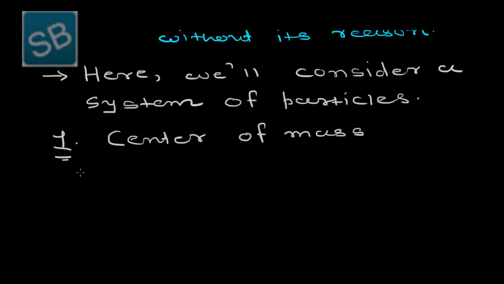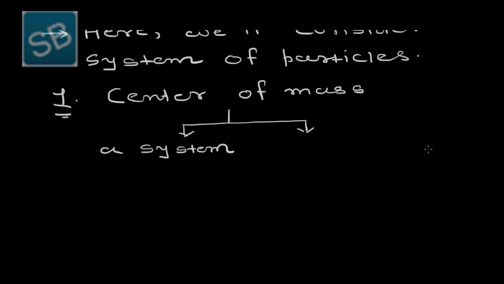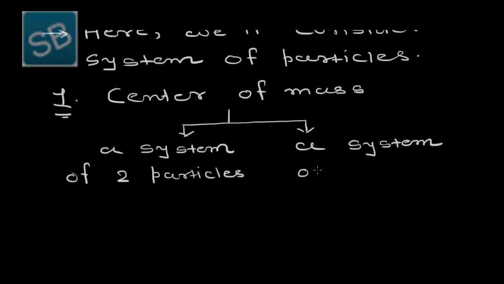We will also consider the center of mass for two different cases. Which two cases? The first case is for a system of two particles, and the second is a system of n number of particles.